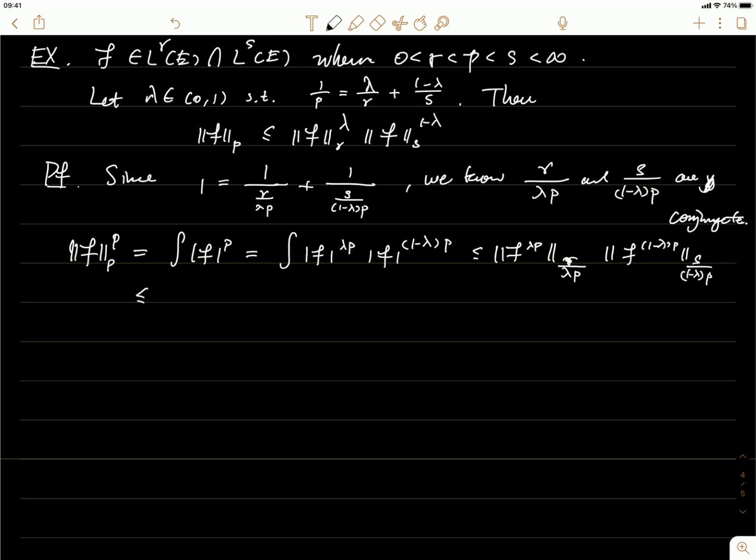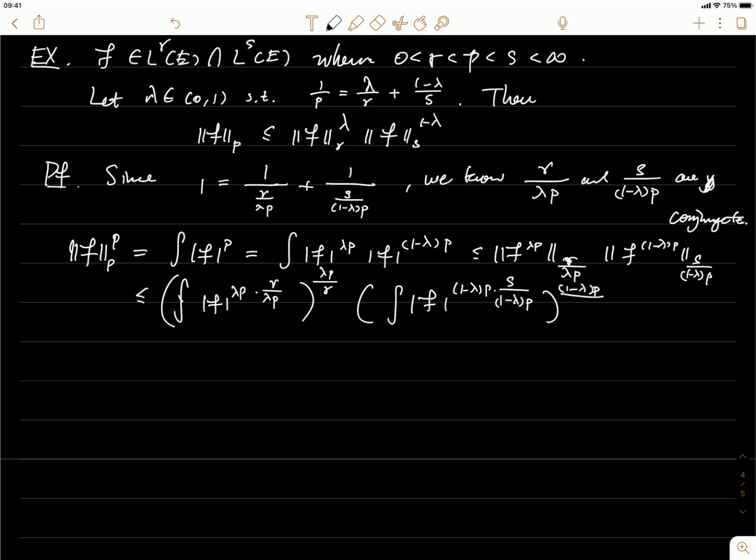Okay, so let's see what this actually boils down to. The first term is just f lambda p, and then it's times r over lambda p, and then it's lambda p over r. The second term is f with 1 minus lambda p times s over 1 minus lambda p, to the power 1 minus lambda p divided by s.